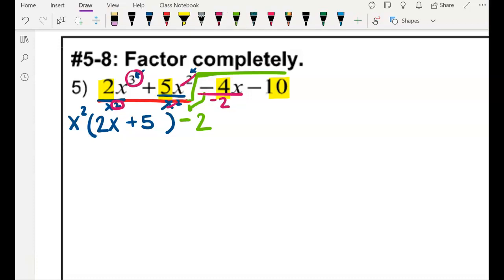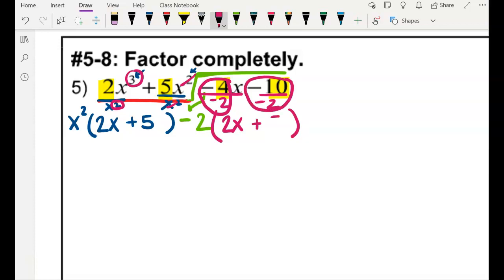Let me erase this little extra line. Just like that. With that said, we are going to open up our parentheses and close and put whatever's left over. Now we have a negative 4 divided by negative 2. That will give us a positive 2x left over. A negative 10 divided by negative 2, that will give us a positive 5 left over.